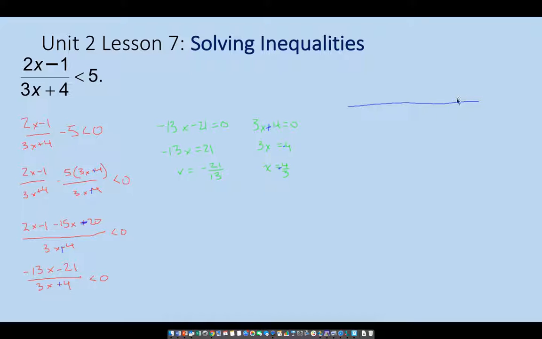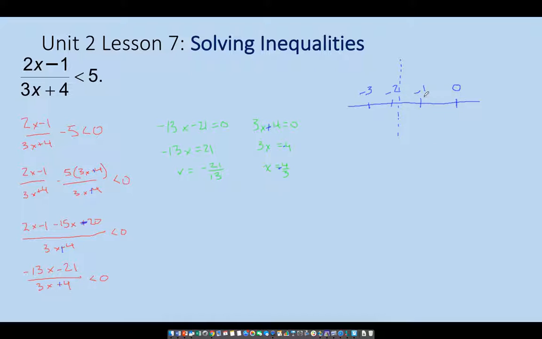All right, well, it looks like everything's happening to the left of 0. And so let's spread this out a little bit. We'll make negative 1, negative 2, and negative 3. Negative 21/13, I'd say that would be just a touch under negative 2.